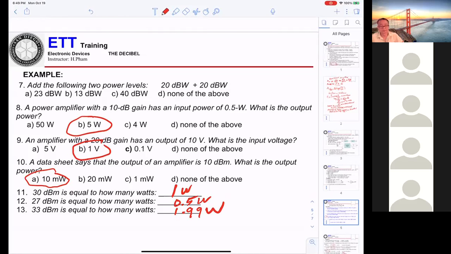Mr. Pham, for some reason I don't get 5 watts for number 8. Okay, let's see. Power amplifier with 10 dB gain, input 0.5 watt, what is the output?